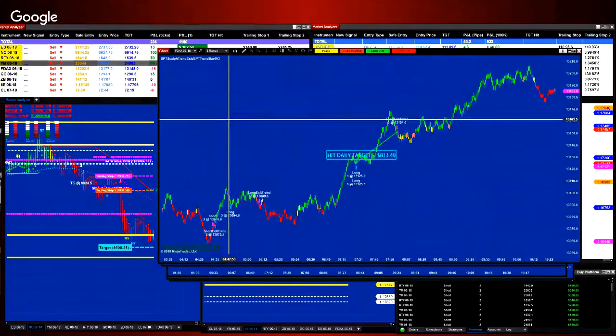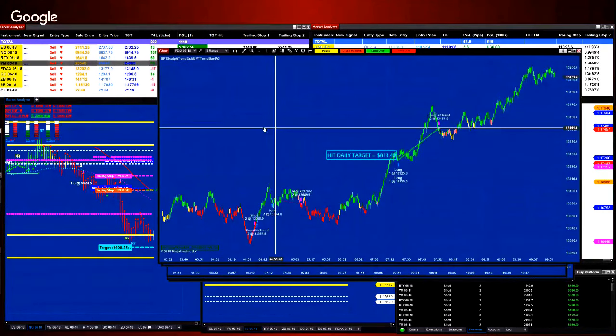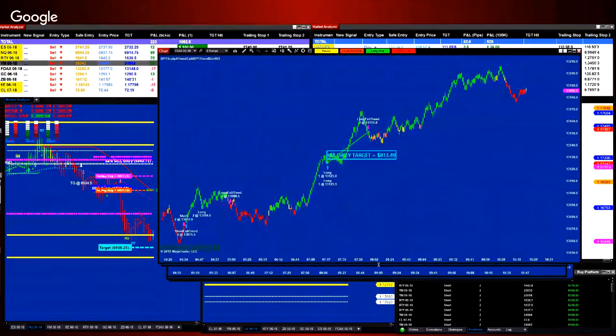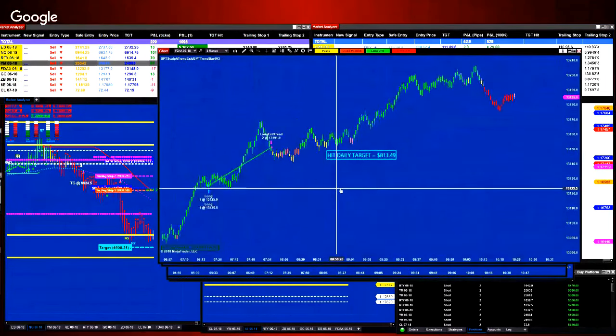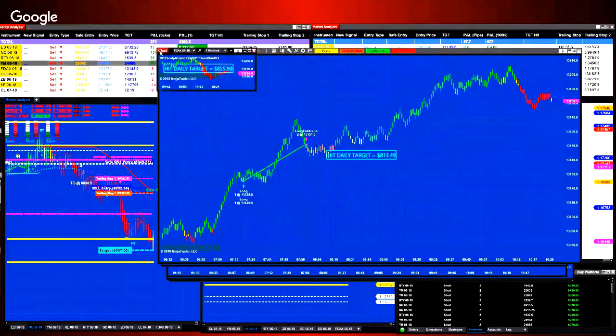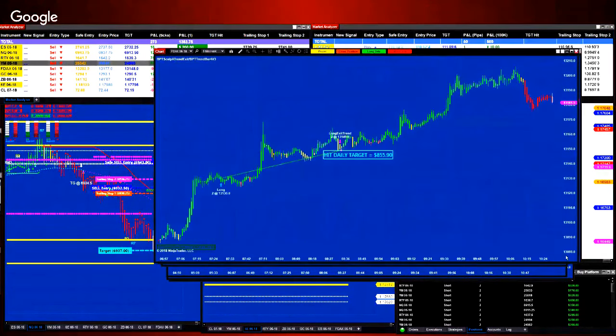On this one here, we had a few trades. We have 1, 2, 3 trades, and this is based on an 8 range, and we got 813. My favorite chart actually is the 1 minute, because the 1 minute can reveal the true trend in the market.